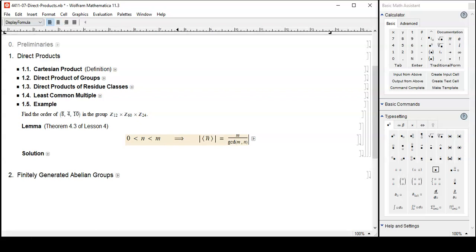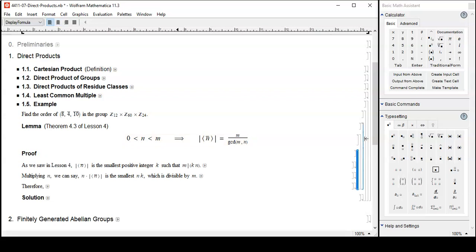If n is strictly greater than 0 but less than m, then the order of n in Z_m is m over GCD of m and n.